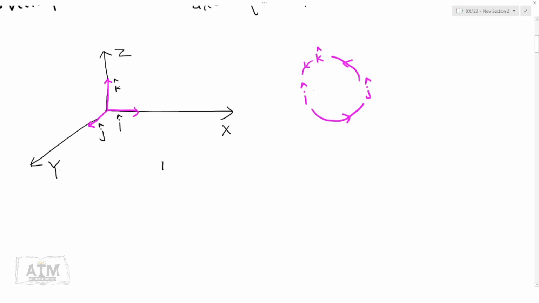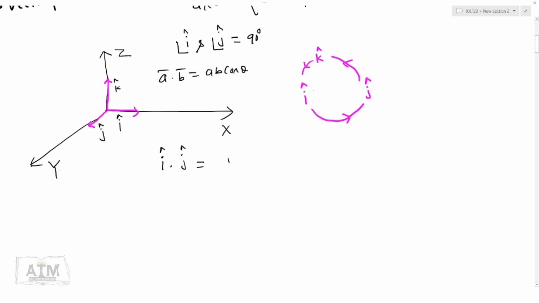Suppose we want to find i dot j. How do we find i cap dot j cap? What is the angle between i and j? That is 90 degrees. And we know that A dot B equals AB cos theta.